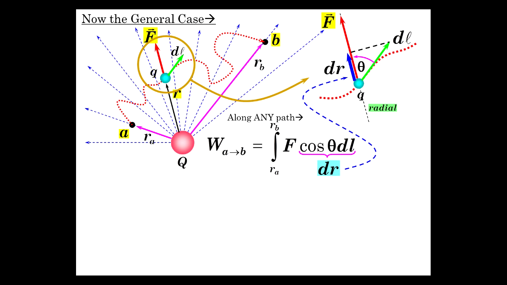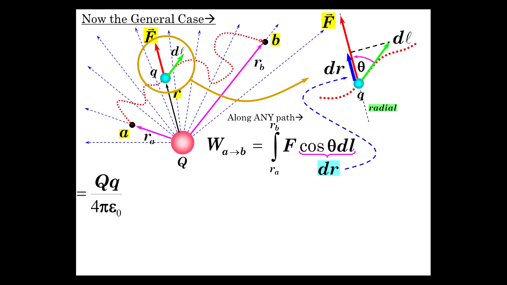We could have A being over here and just go in a direct radial path, or as we do the line integral along this path, the way cosine of theta dl works, it's always taking the radial part and multiplying it by the force at that point. So it ends up not mattering what path we choose.